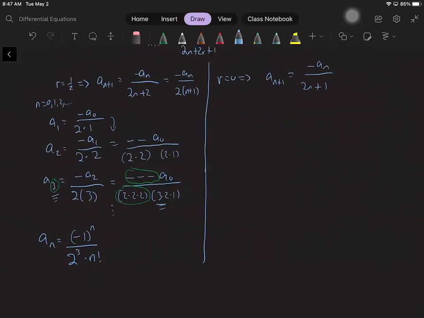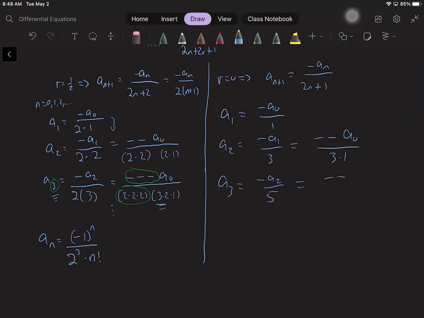r equals 0. The pattern will be pretty similar, I think. Not as nice. So a1 will be negative a0 over 1. And each time you're just going to multiply by 2n plus 1, which is an odd number. So you're just going to get odd numbers multiplied together. So, whoops, that should be a2.